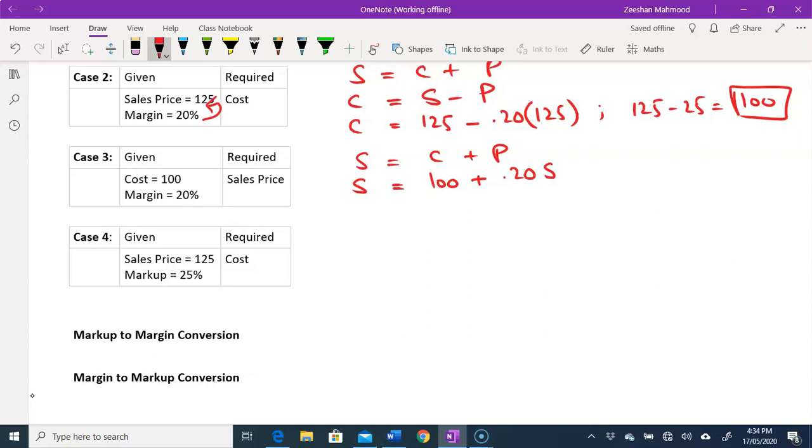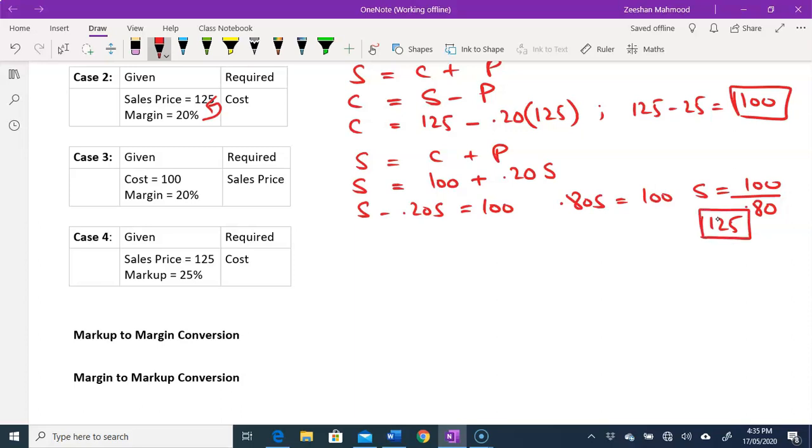Now if we solve for S, this is S minus 0.2S equals 100, and 0.80S equals 100, and S equals 100 divided by 0.8, and that will become 125.